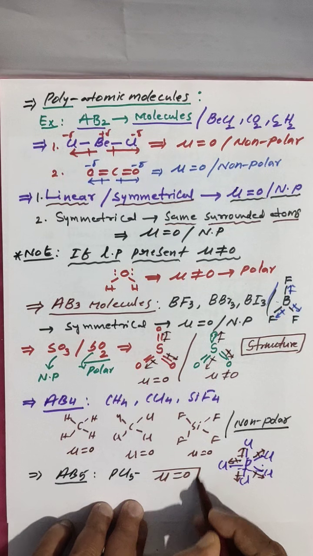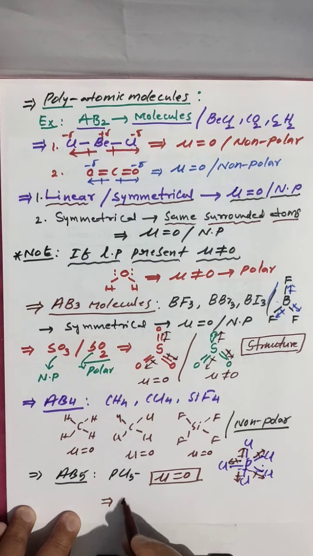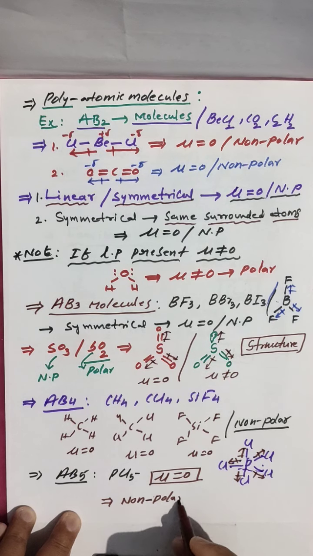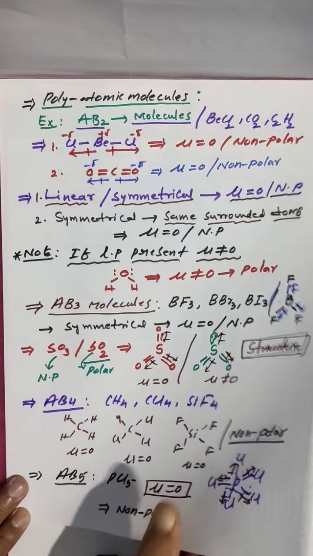So net dipole moment is equal to 0. Net dipole moment is 0 means this molecule is a non-polar molecule. So this is the method to address polar or non-polar. I will show a few more examples.